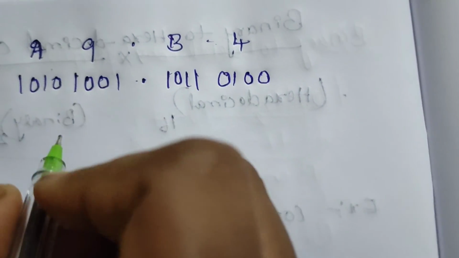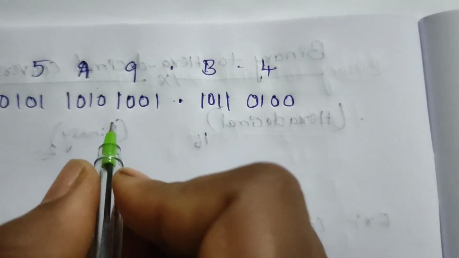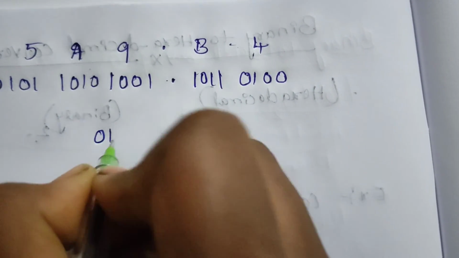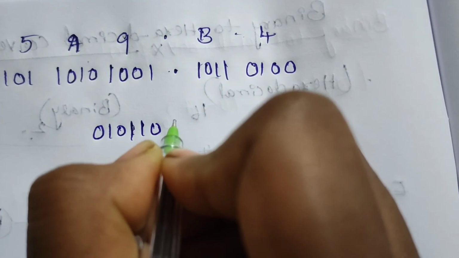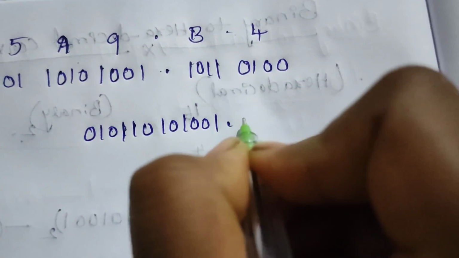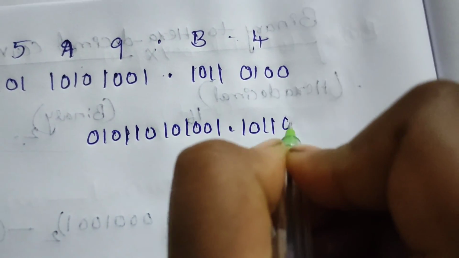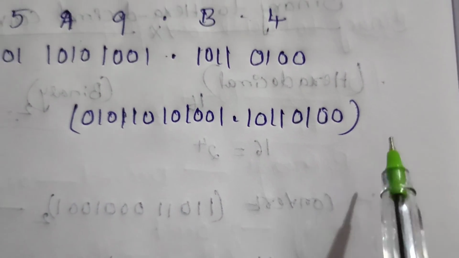So this is the binary equivalent of the hexadecimal value: 0101 1010 1001 . 1011 0100.